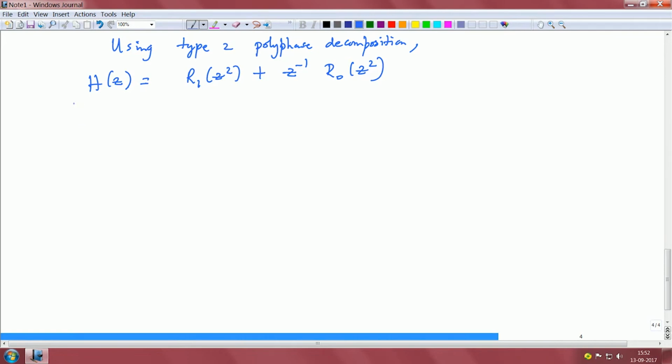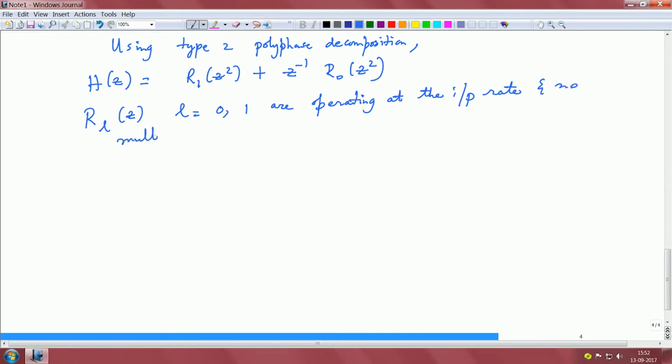Now each of these filters Rl of z, l equals 0, 1, are operating at the input rate and no multiplier is resting.